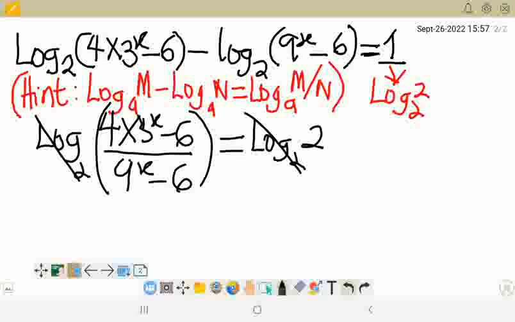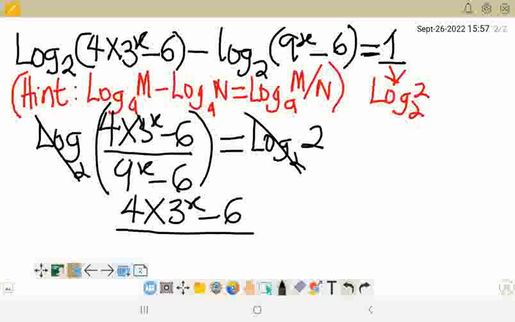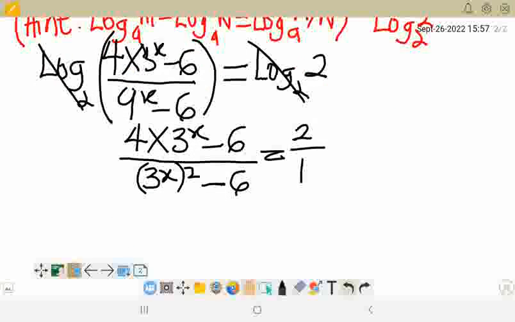Bringing down what is left, we have 4 times 3 raised to the power x minus 6 divided by, now this 9 raised to the power x will be changed to 3 raised to the power x all squared, so that we have a like term of 3 raised to the power x, then minus 6 equals 2 over 1.